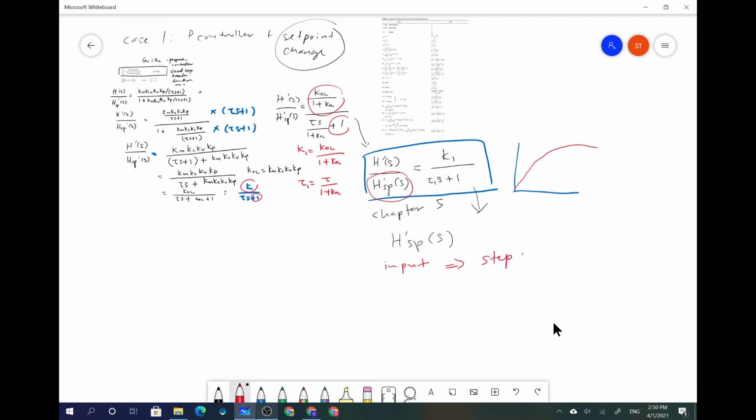So when we have a set point change, meaning we have a step change of the set point, this step input, or step change in the set point, is represented by m over s. Okay, this is chapter 5. When you have a step input, it is m over s. Because in this case, we treat it as a step change in input. Oh, it's confusing, right?